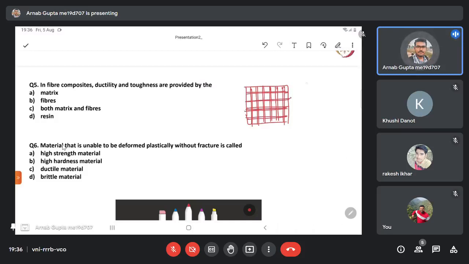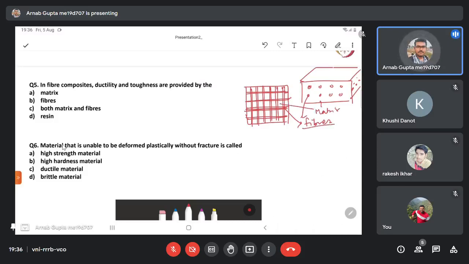So this is the top view. In 3D view, you can see it's something like this. In between, you have another layer. So these are the fibers, and in between you have matrix.